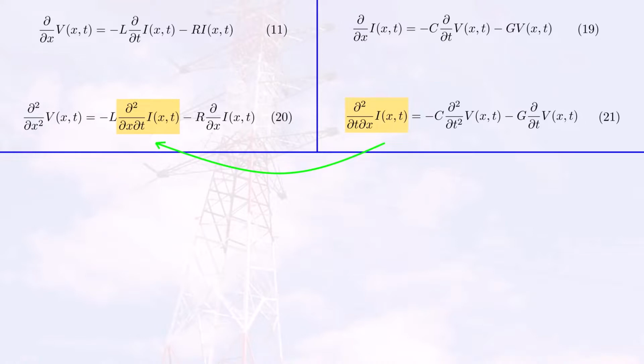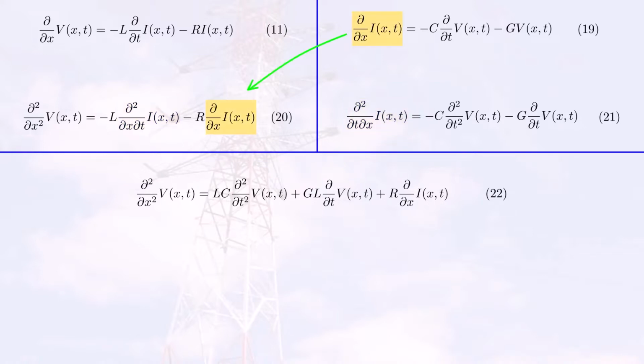But in this case we can substitute this expression, and we will take the right hand side of equation 21 and substitute that in equation 20. The result is equation 22. In a similar way we can take the expression indicated by equation 19 and substitute that in the last term of equation 20.